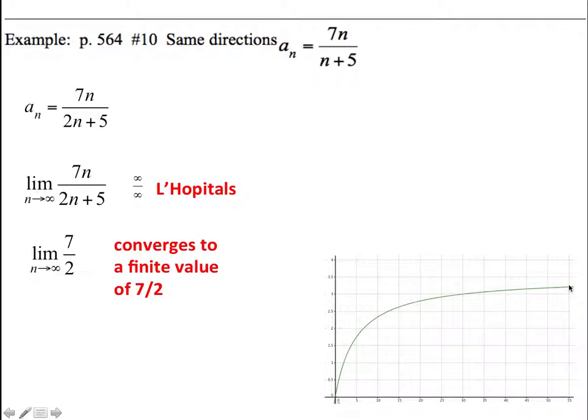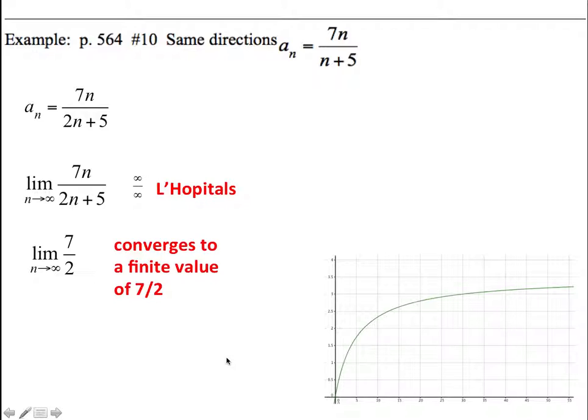Going out 55 terms, you can see this is getting closer and closer to a value of 7/2, or 3.5. So as we go out infinitely many terms, the shape of this function will be really close to 3.5. If it's the limit, it must be that asymptote that it approaches.